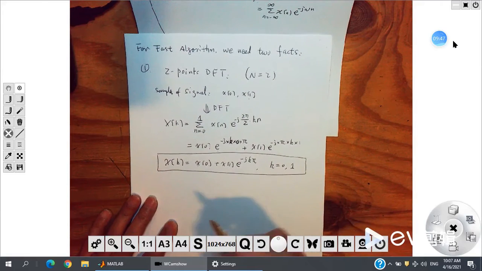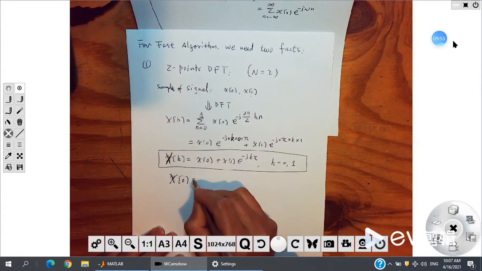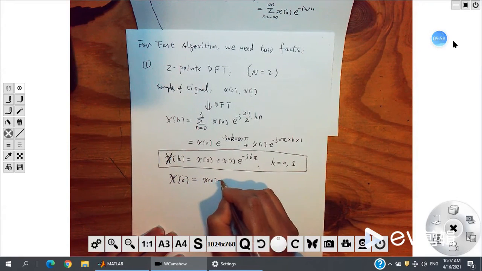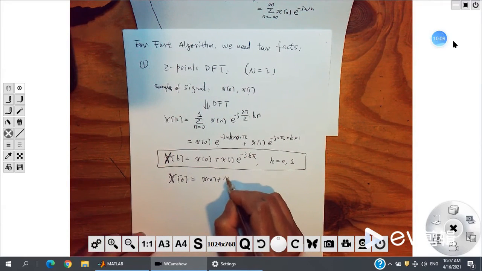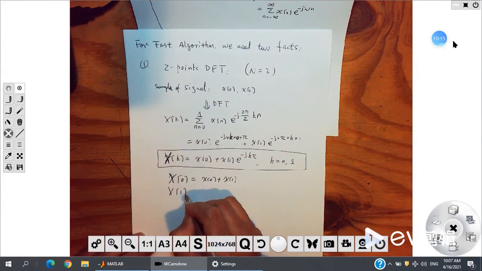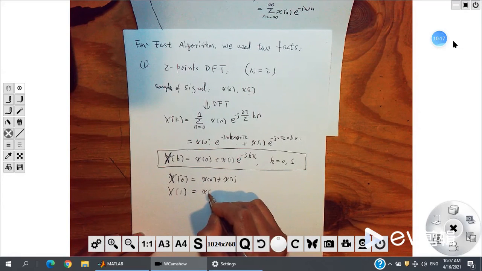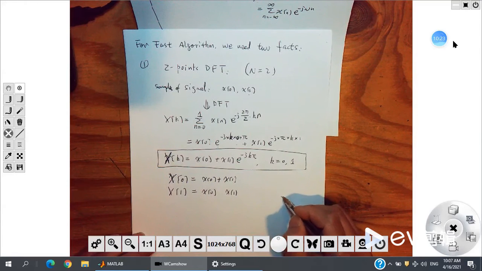Let me give more details. Capital X of 0 will equal x of 0 plus, now k is 0, so this power is 0. E to the 0 is 1, so this is just x1 times 1. And capital X of 1 equals x of 0 plus x of 1 times this exponential power, e to the negative j, k is 1, so it is pi.